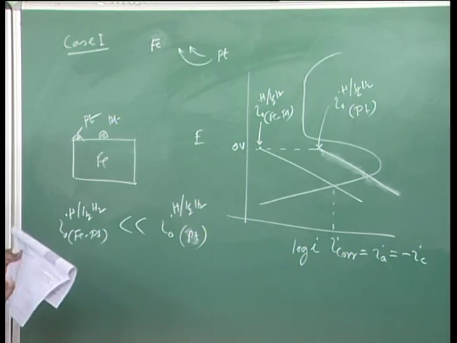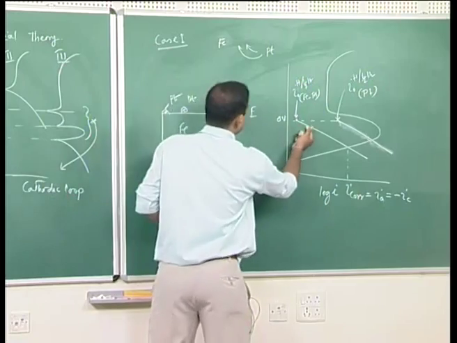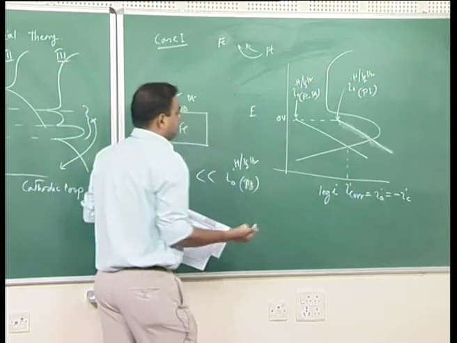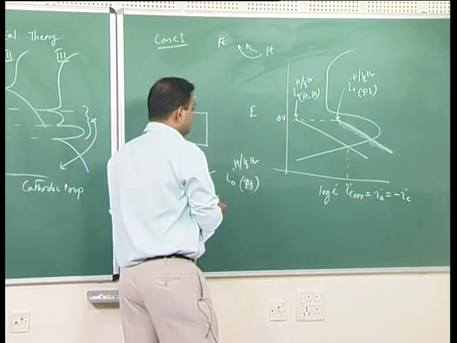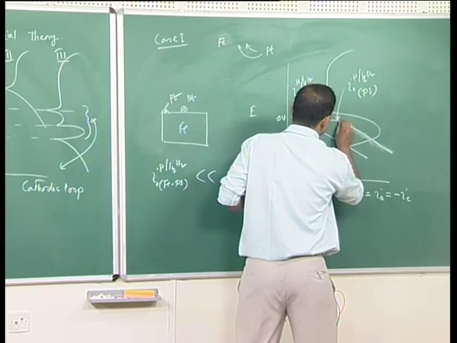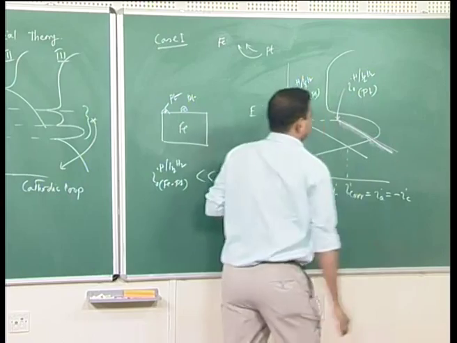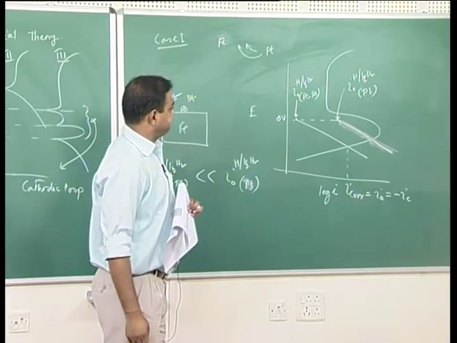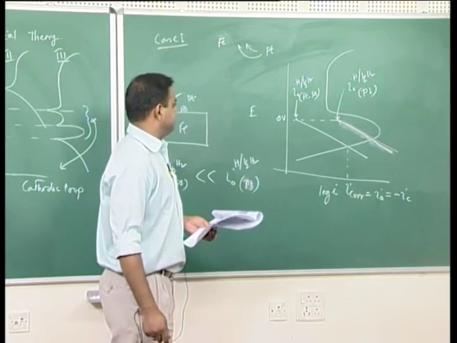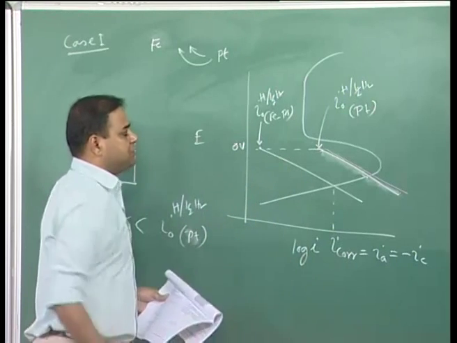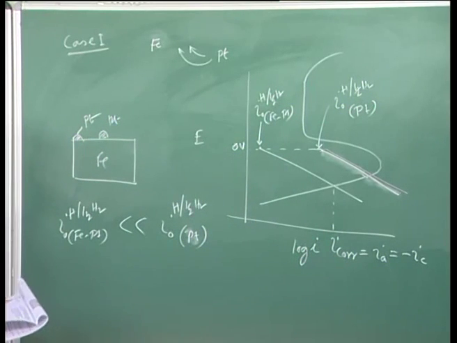So, what would be my total cathodic reaction, because here also this reaction is still going on. So, my total cathodic reaction would be, you have to just add these two. So, this is my total cathodic reaction, the red one, total cathodic reaction rate rather, because this is the relation between E and small i, which is the current density, and current density is nothing but the reaction rate.